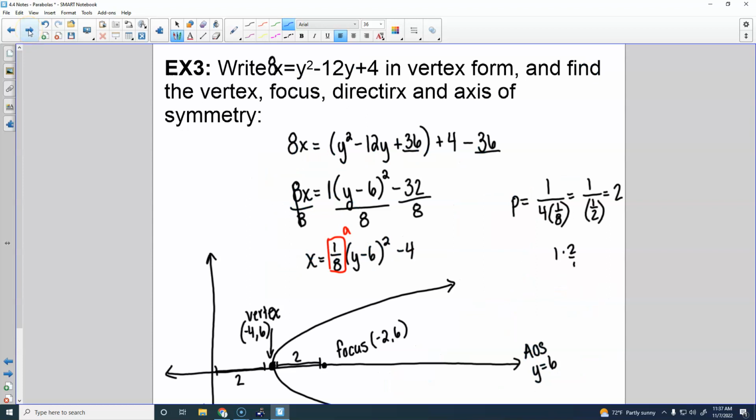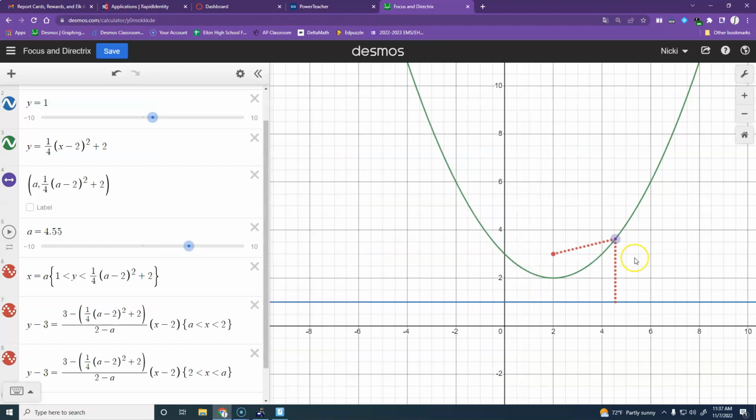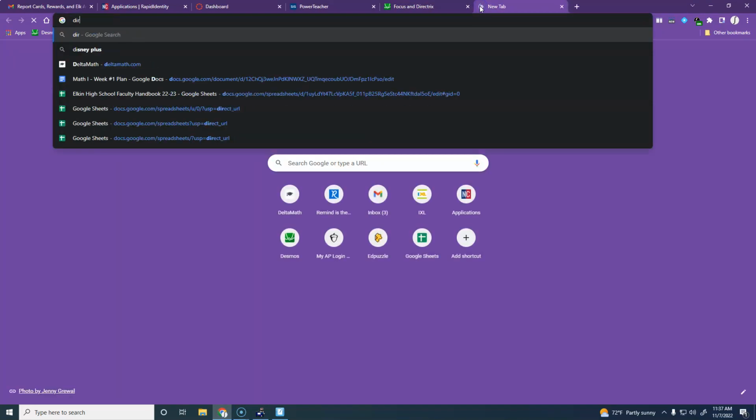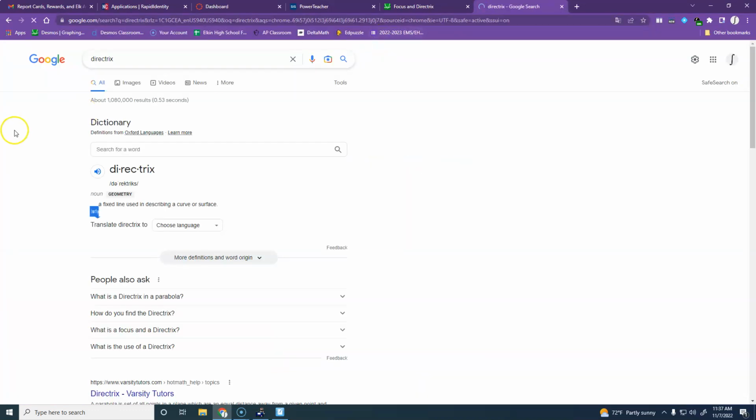How is it spelled? Directrix. That's a good question. I think it's supposed to be RIX, like I'm writing it, not IRX, like it is printed.